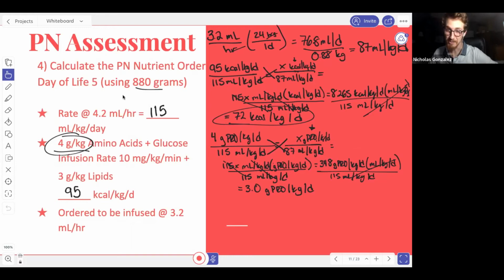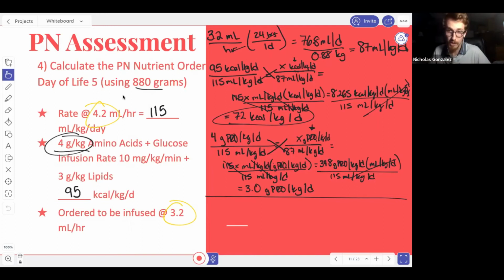But now we're not going to use proportions. We are going to do the percentage method. So to do that, we're going to take these two numbers, the 3.2 and the 4.2. Since it's going to be at 3.2 instead of 4.2 now, that is less than the 4.2, so it's a lower percentage that they're going to be receiving.